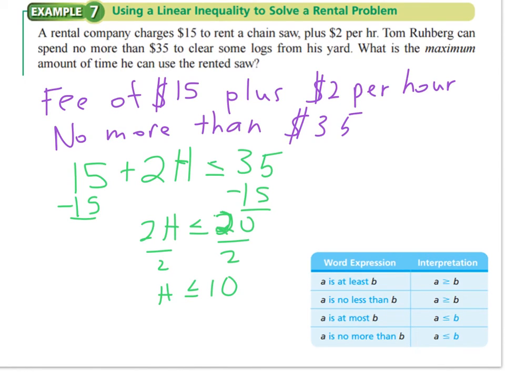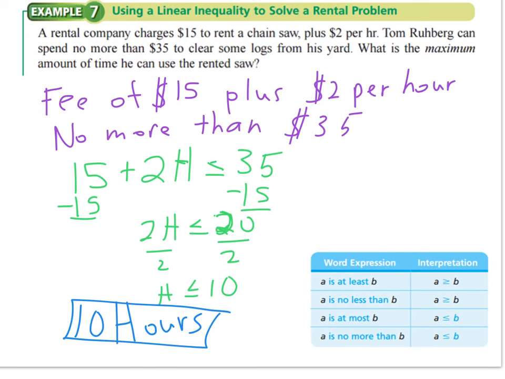So to answer the original question, what is the maximum amount of time he can use the rented saw? 10 hours would be the maximum time that he could use that rented saw.